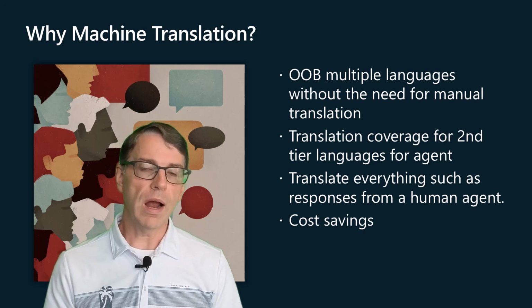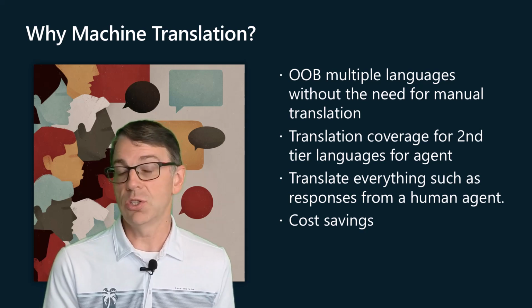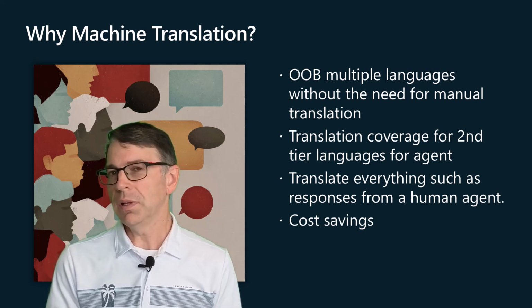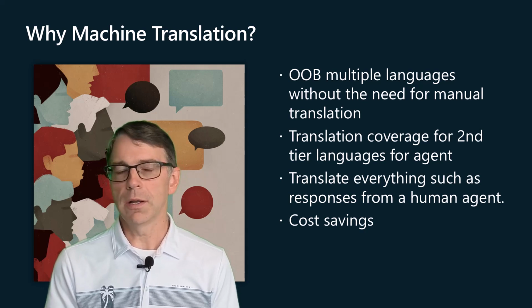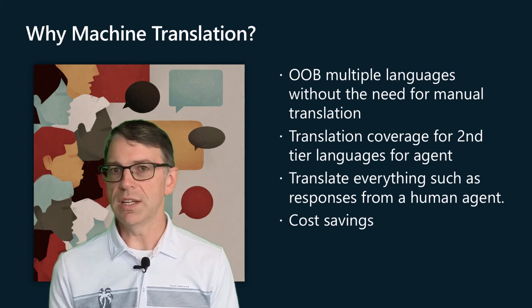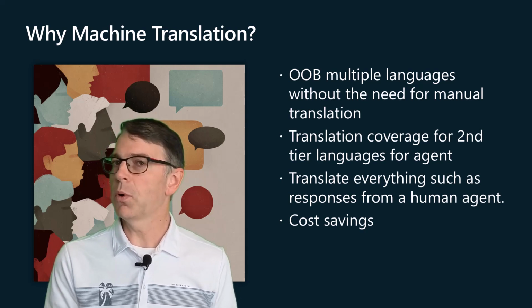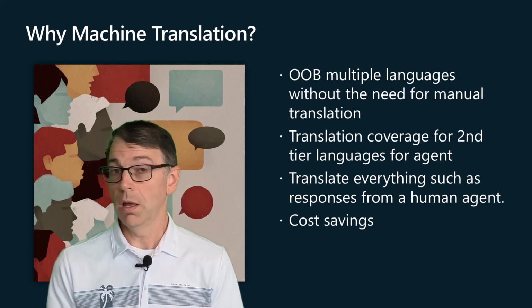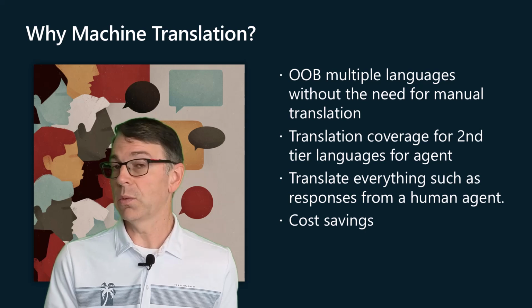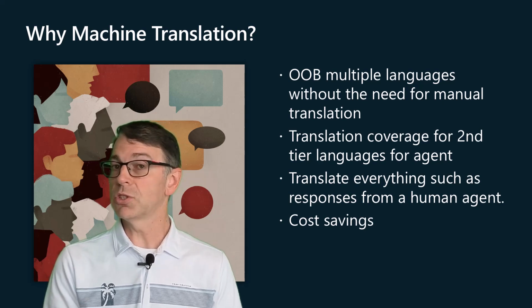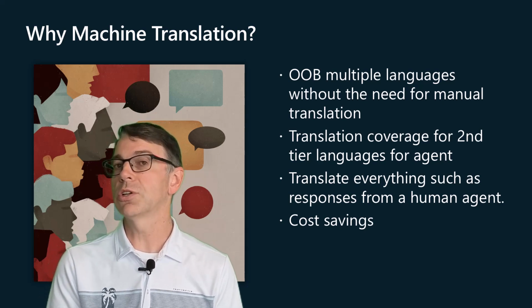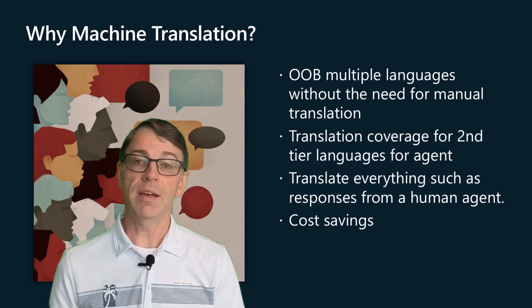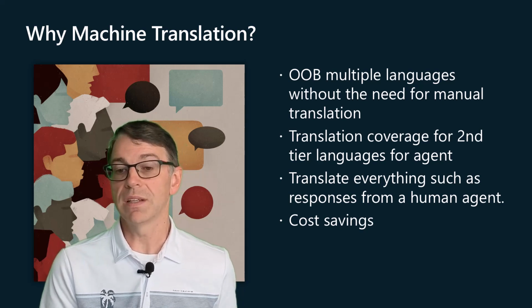So I can choose to do manual translation there, but then let's say that I wanted to also support Spanish and Portuguese. For me to support those, it might be better to support them in a second-tier language approach where I use machine translation, so I don't have as much cost associated with doing the manual translation myself.